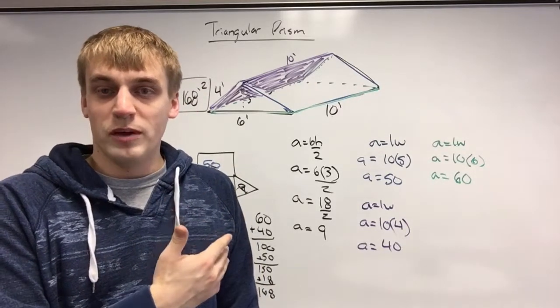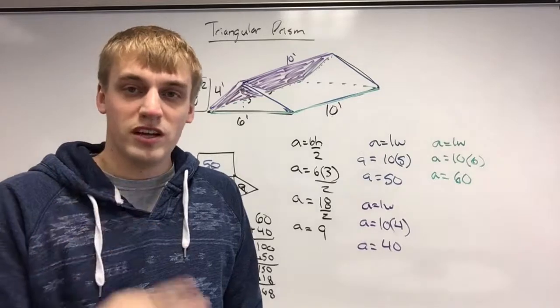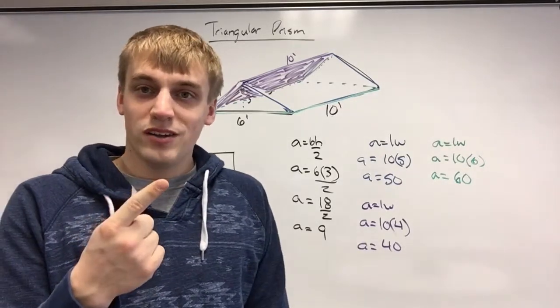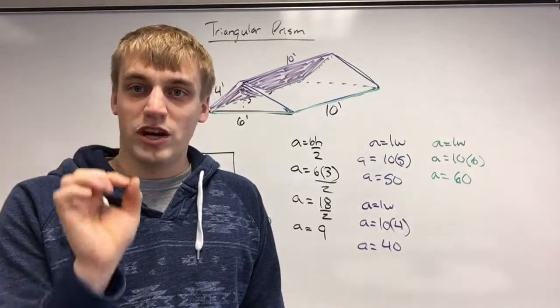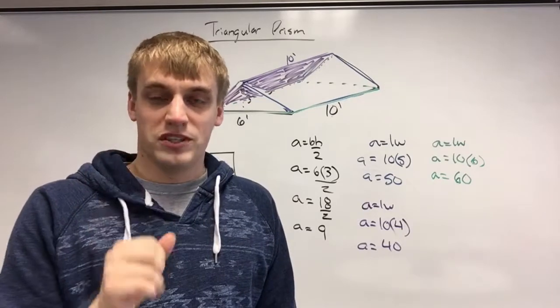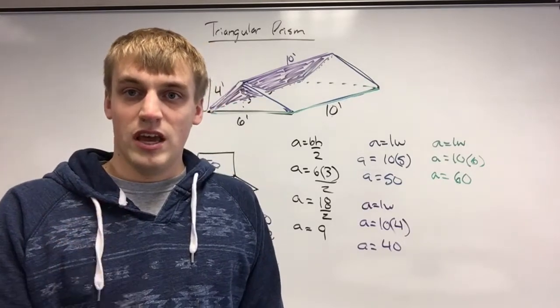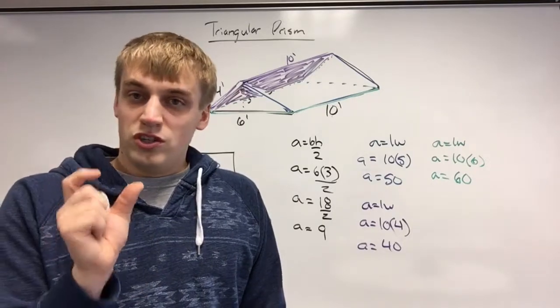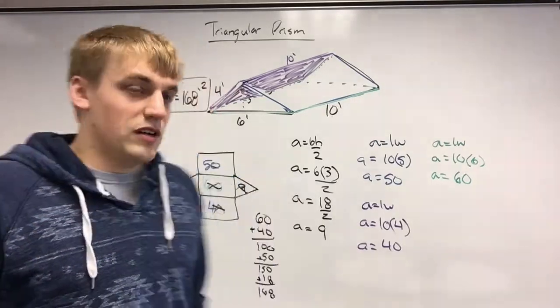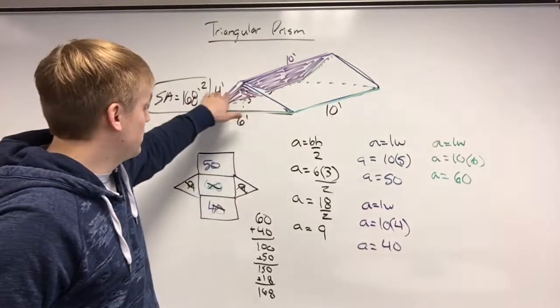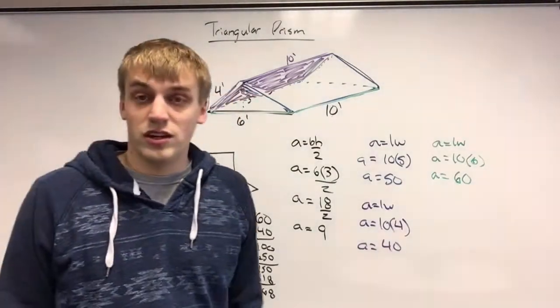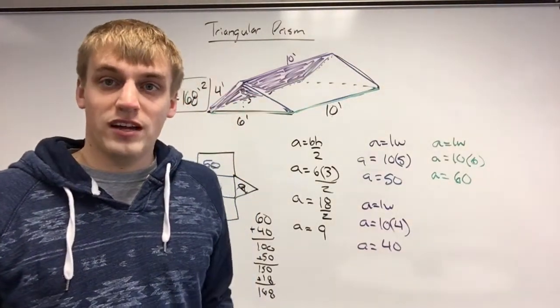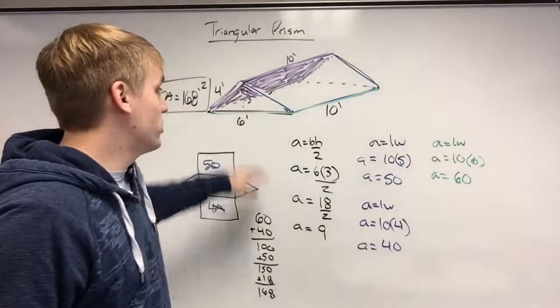Hopefully that'll make sense. We went over two kinds of problems that you're going to see. One where the triangle has equal sides, an equilateral triangle, and one where it doesn't have equal sides. Those are done a little bit differently. You just have to make sure that you're looking at each side of the triangle face, and that will help you a lot in finding the surface area of a triangular prism.